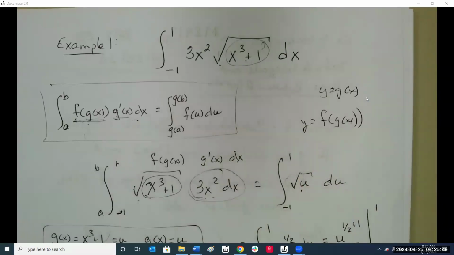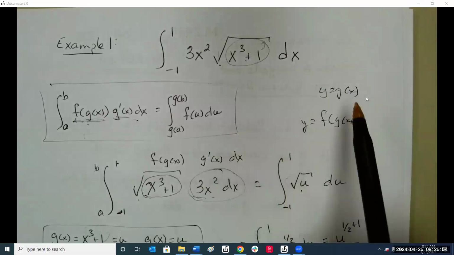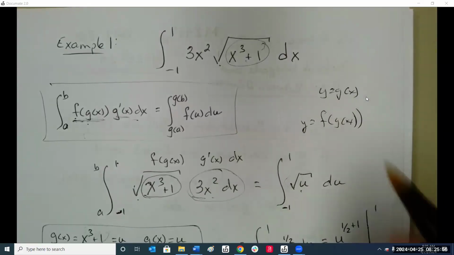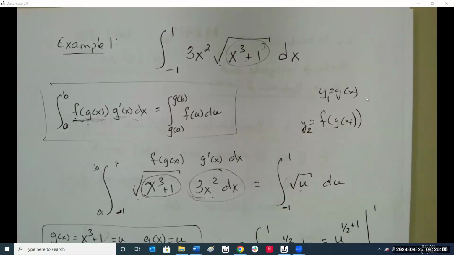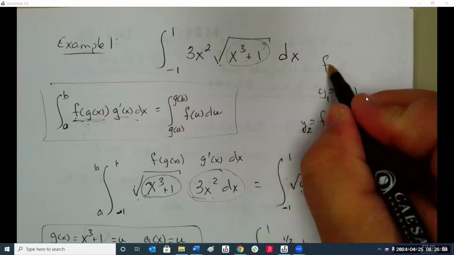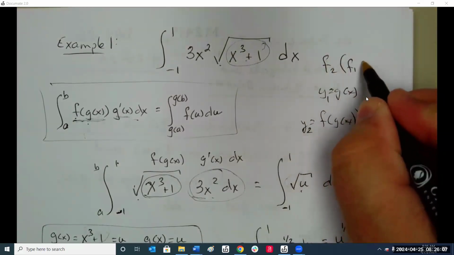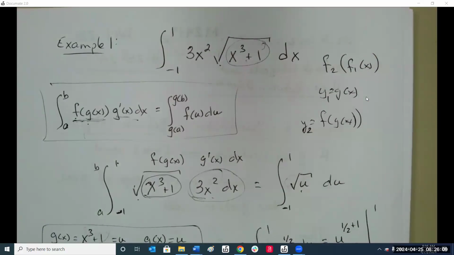So no, what you're saying, don't look at x as x and y anymore, because now we're dealing with composite functions. If you try to do that, then you could look at y1 and y2. y2 is the whole equation, f of x, g of x. So what you really have is f2 of f1 of x. That's a composite function.